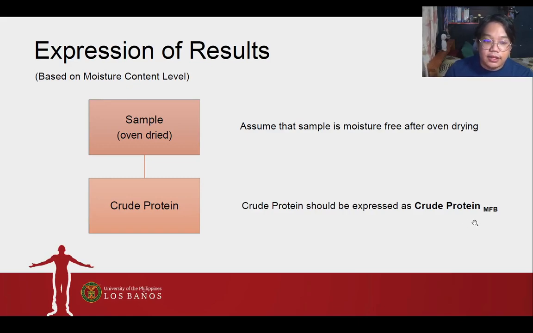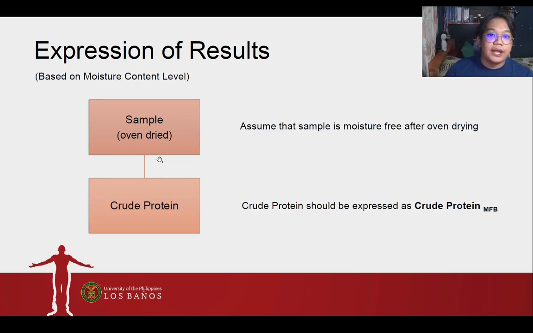Ibig sabihin, yung sample niyo na sinubject for crude protein determination ay wala nang moisture. Okay? Otherwise, kapag yung sample niyo na fresh, hindi siya dumaan sa oven drying, hindi siya dumaan sa air drying, so wala na kayong kailangan na isulat na MFB. Ibig sabihin, hindi siya moisture-free.